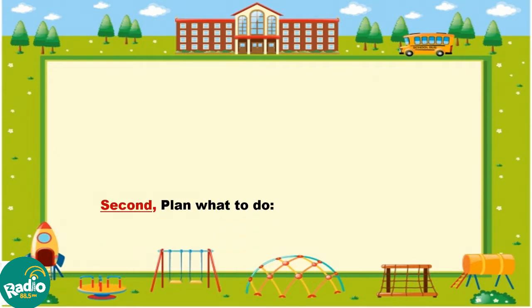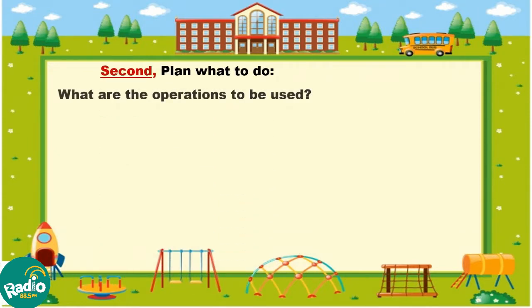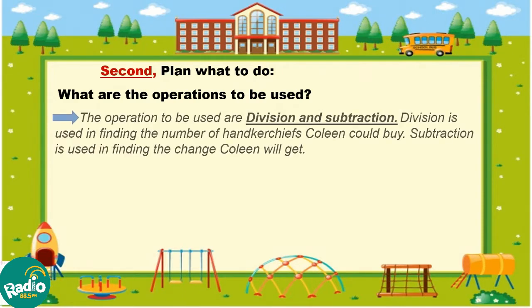Second, plan what to do. So, what are the operations to be used? Excellent! The operations to be used are division and subtraction. Division is used in finding the number of handkerchiefs Colleen could buy.